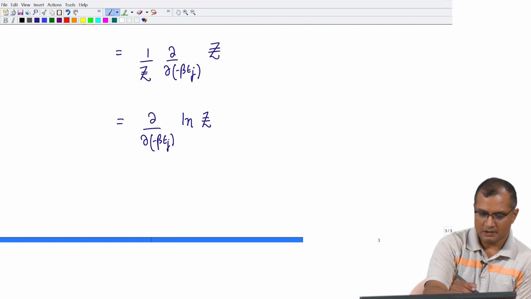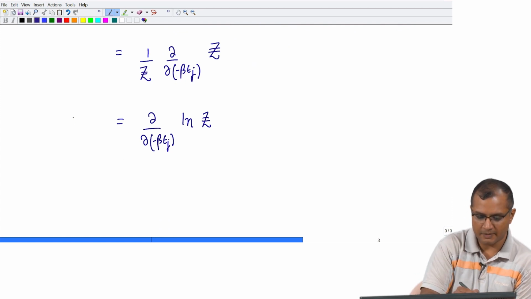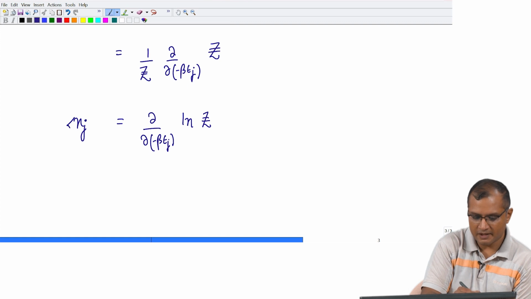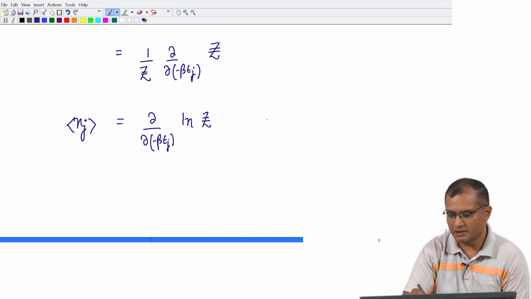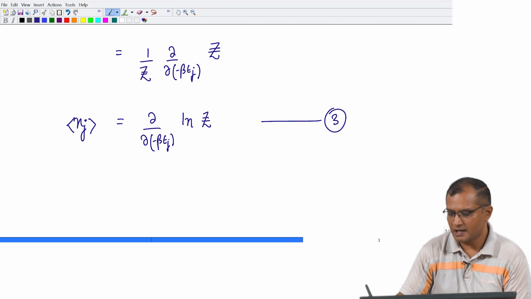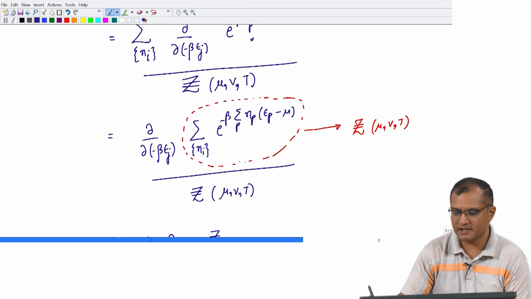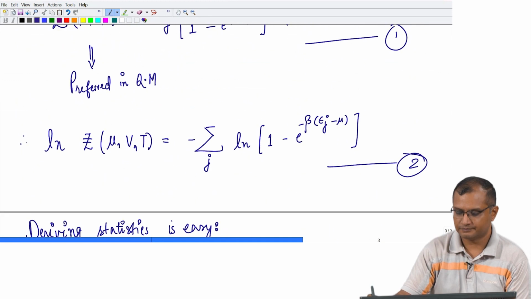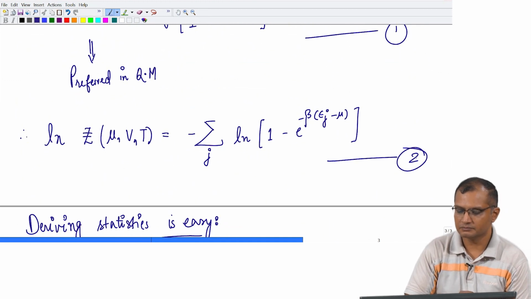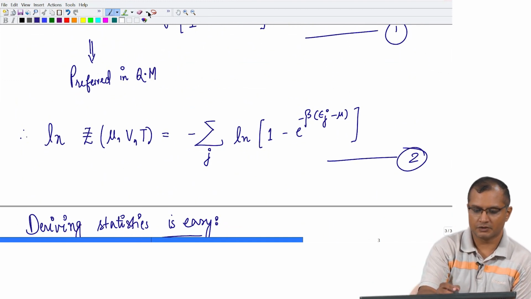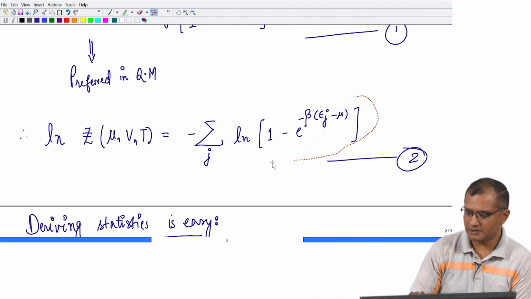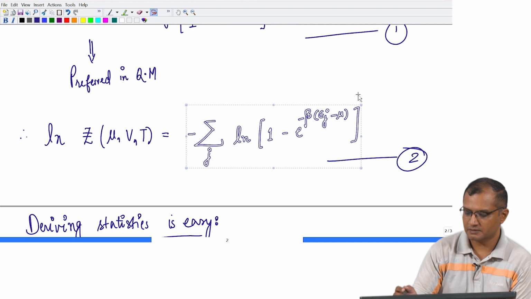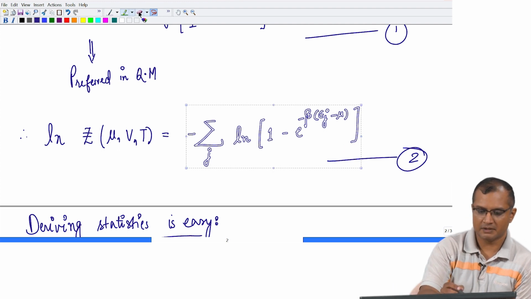Now I can say that this is the expression for my average occupancy of the jth level. Let us call this equation 3 and plug in the value of ln z from here. Because this is a lengthy expression, I am just going to copy it here so that you remember it.